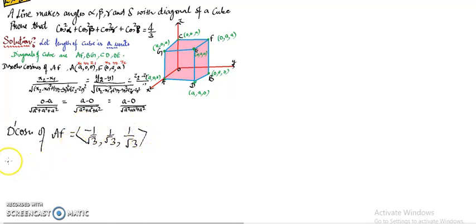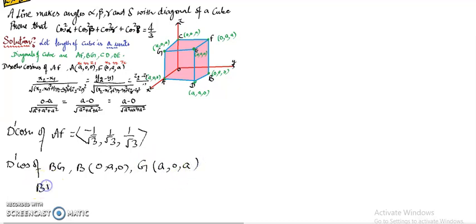Similarly, we will find the direction cosines of the next diagonal, BG. B point is 0, a, 0 and G point is a, 0, a. First of all, let us find the position vector of BG. BG vector will be a minus 0, 0 minus a and a minus 0.